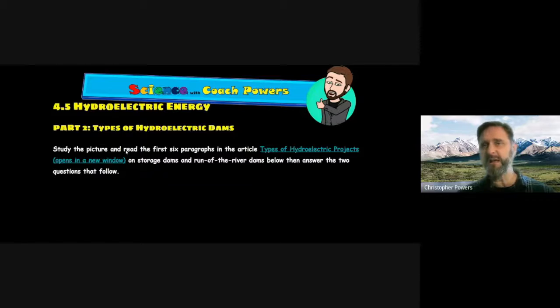So the picture, you're going to study the picture and read the first 6 paragraphs in the article. So pay attention to that. You don't want to read the 18 million pages that it might have. Now, on storage and run of the river dams below, answer the questions. Let's see if this one opens up safely, and it will.